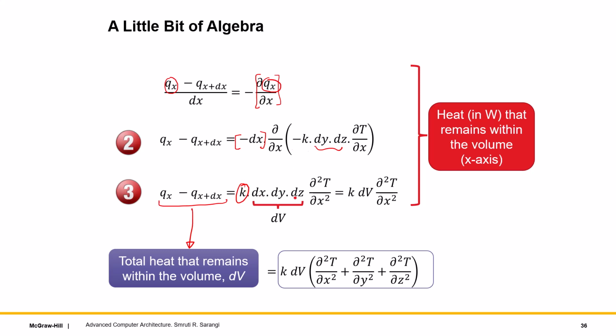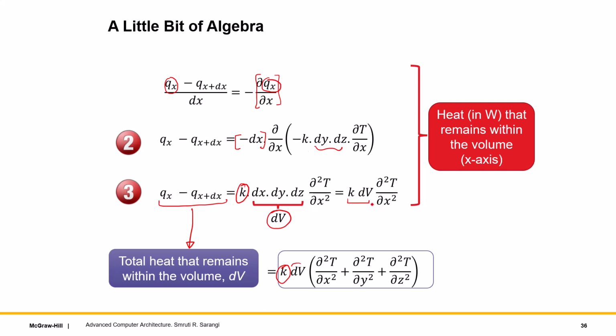Then dx dy dz is nothing but the volume of the region. So let's call it dV for volume. So this becomes equal to the second derivative, del square T by del x square, which is k dV del square T by del x square. Alright, so this is what it is, that the heat over here is equal to k times dV times del square T by del x square.